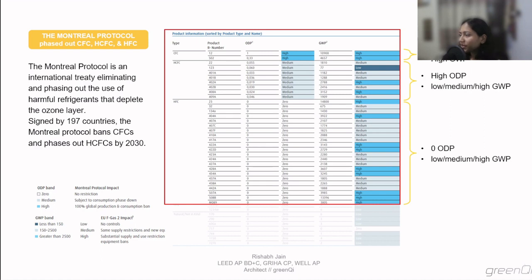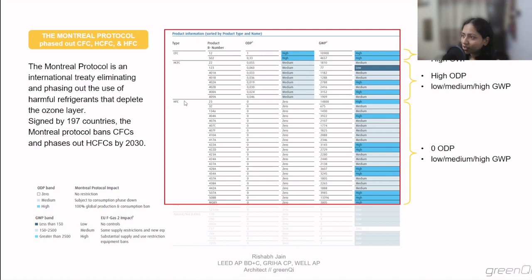If you see this table, these are the refrigerants and their ODP and GWP content, and based on that a scale is given. All CFC based refrigerants have a high ODP and a high GWP. All HCFC based refrigerants have a high ODP and a high GWP, but in some cases a lower to medium GWP as well.